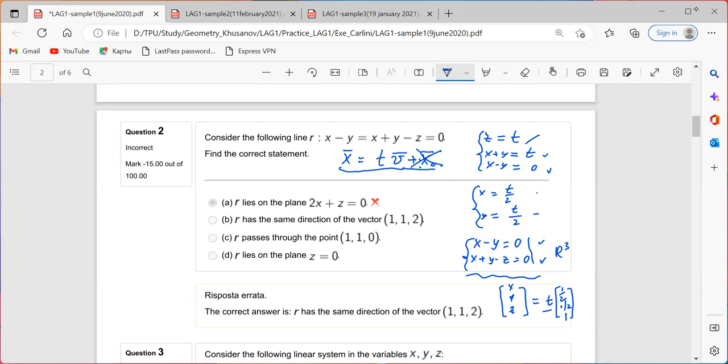It means that we have to just multiply this vector by 2 to avoid these rational components. If you multiply all components by 2, you will obtain vector v, whose components will be 1, 1, and 2. So it will be just this one.